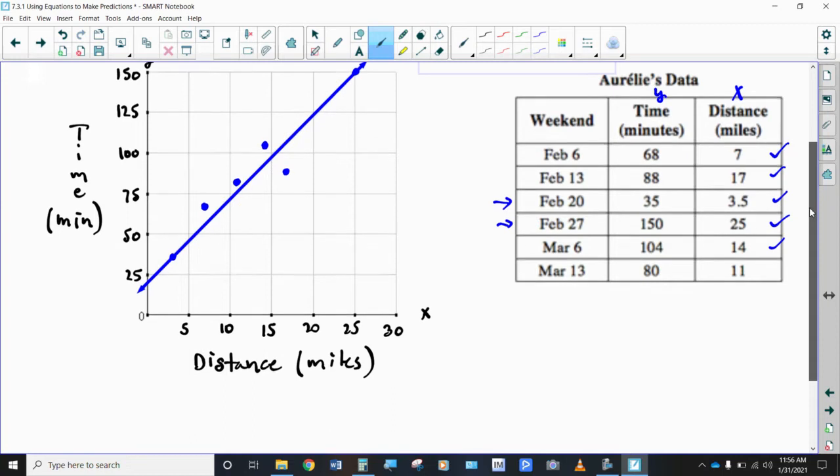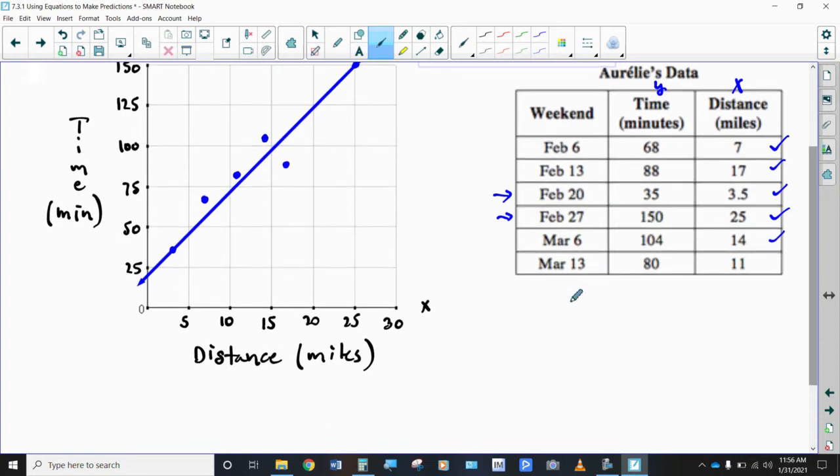All right, let's see what it ends up being. Change in y goes from 35 to 150. So 150 minus 35 is 115. That's your change in y. And your change in x goes from 3.5 to 25. So 25 minus 3.5, what does that end up being? 21.5.